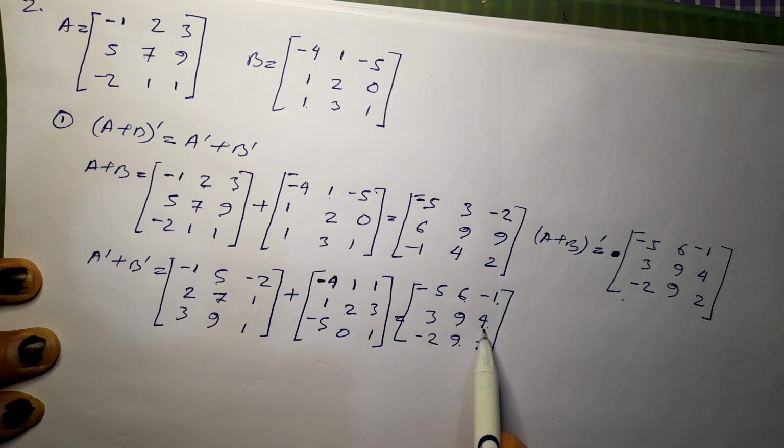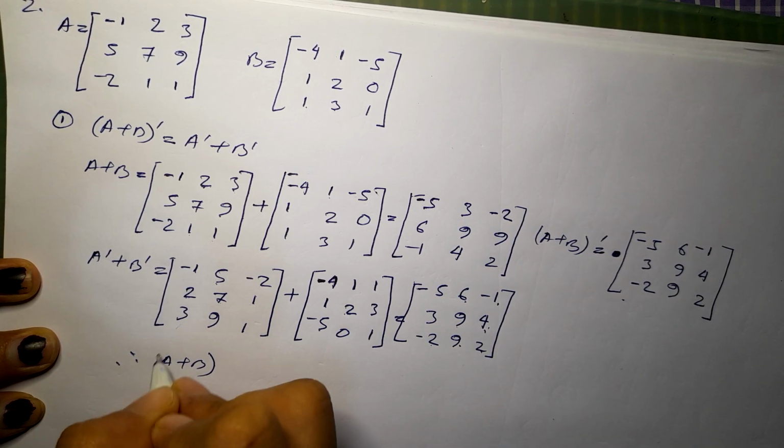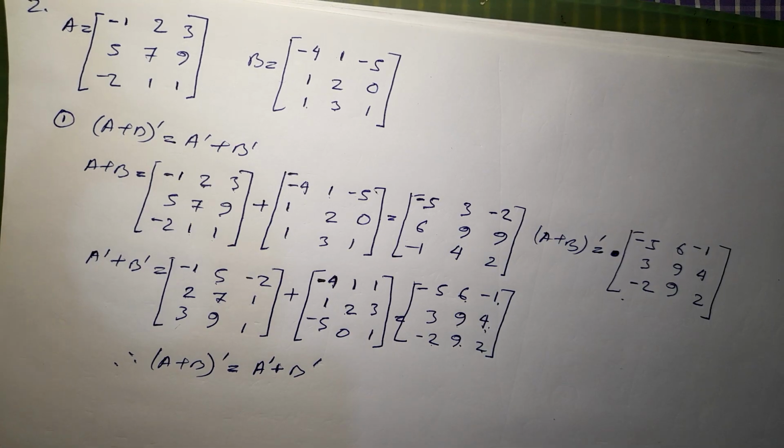So now these two are equal, therefore (A + B) whole transpose is equal to A transpose plus B transpose.